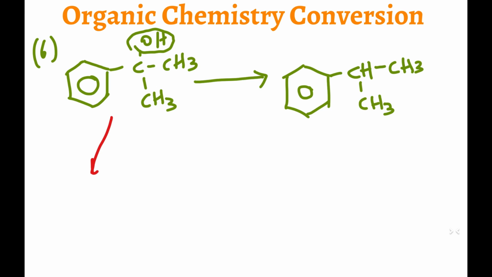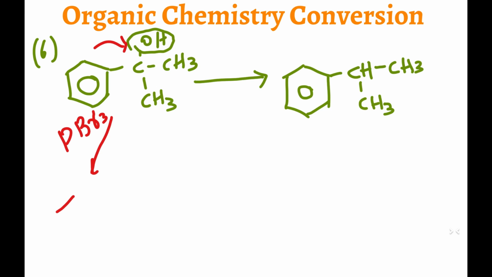First of all, I need to convert this OH group into a bromine or chlorine atom. For that I can use PBr3. This reaction is a nucleophilic substitution reaction and the nucleophile is Br-.